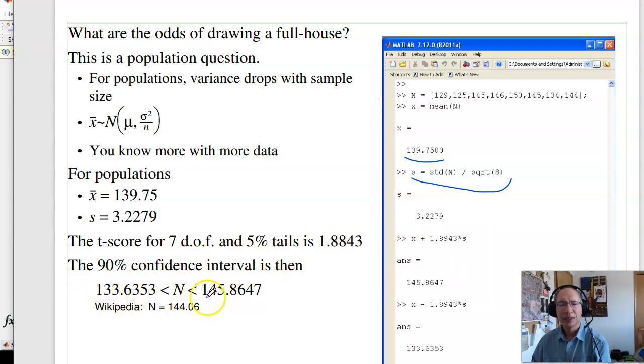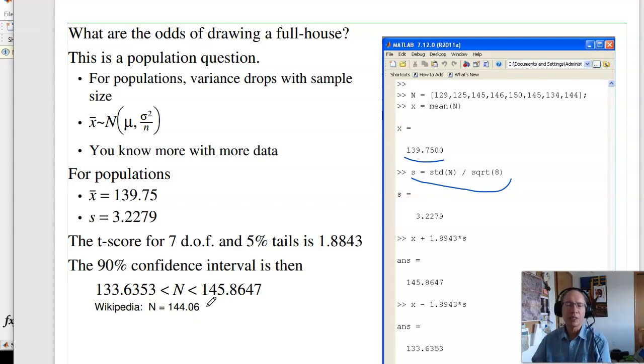That gives me this number. So I can be 90% certain that the actual probability of getting a full house is somewhere between 133 and 145 out of 100,000. From Wikipedia, it's actually 144.06, but that's in that range. So likewise with Monte Carlo, I can at least give you a confidence interval. It's got to be somewhere in this range.